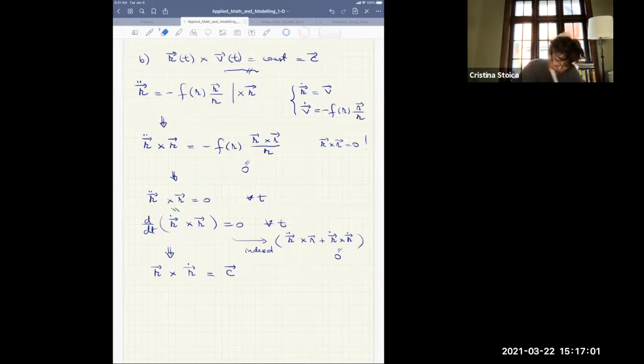If you want me to specify it for you, it is r at time 0 cross r dot at time 0. But it's constant. It's like the energy. It's a conserved quantity. So we can call it an integral of motion, a constant of motion, or a conservation law. They all mean the same thing.